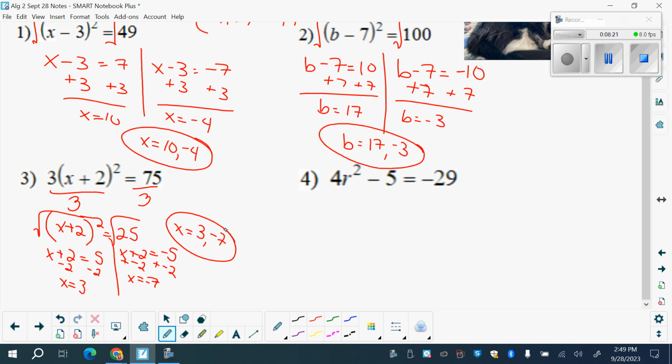Okay, what do we do first on number 4? So this one doesn't have a quantity squared, so we're going to isolate the r squared. So we're going to add 5 first. Now we divide.